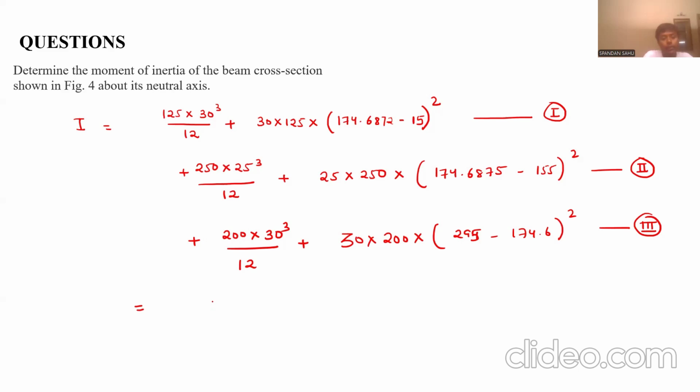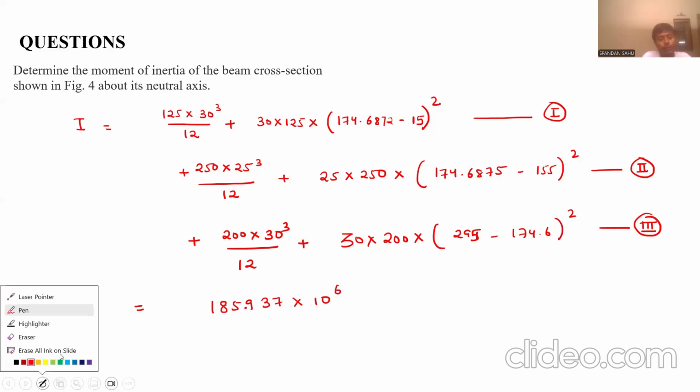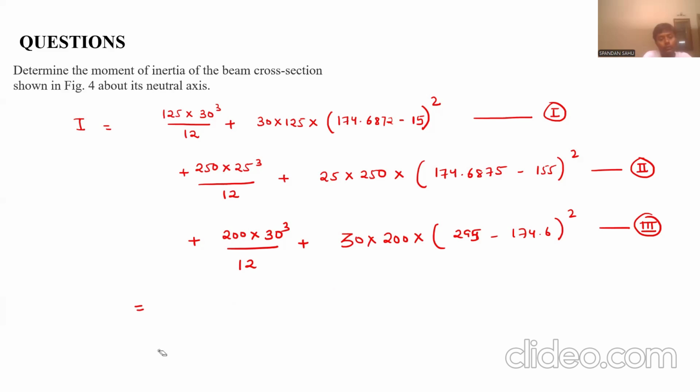So we are ending up with 185.937 into 10 power 6 mm power 4.